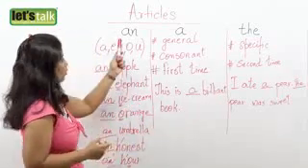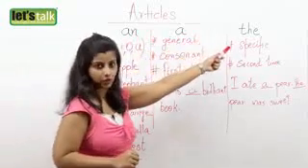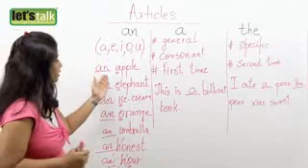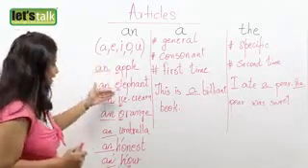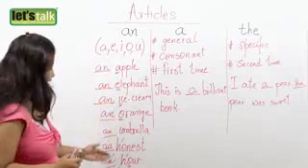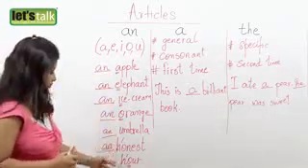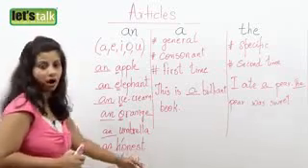Okay, so we learned 3 articles, that is an, a, and the. I told you that an is supposed to be used before a word beginning with a vowel, that is a, e, i, o, u. Okay, there are exceptions like honest and hour, where an H becomes silent and we pronounce it as honest and hour.